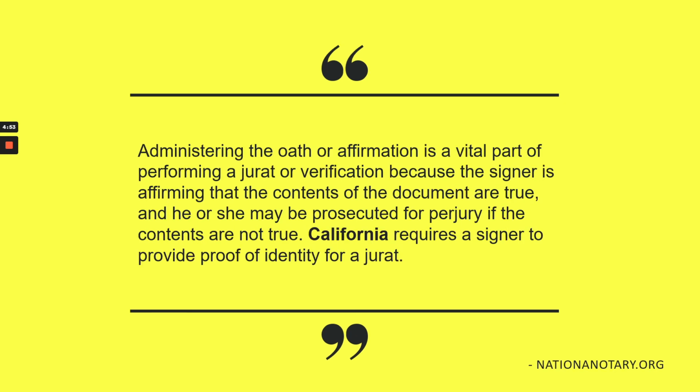Administering the oath or affirmation is a vital part of performing a jurat or verification because the signer is affirming that the contents of the document are true, and he or she may be prosecuted for perjury if the contents are not true. California requires a signer to provide proof of identity for a jurat. So this is important, people.